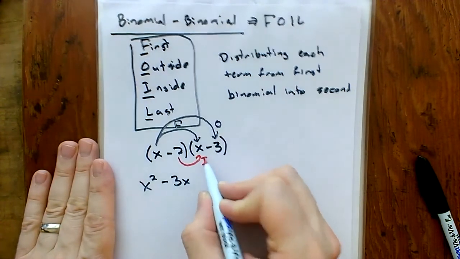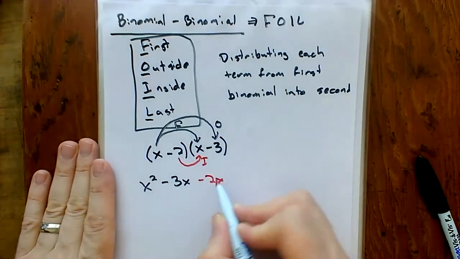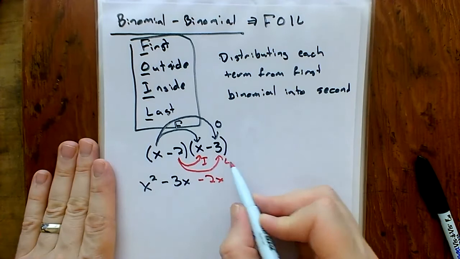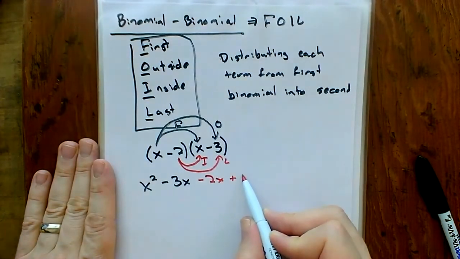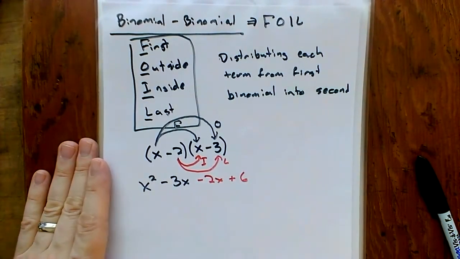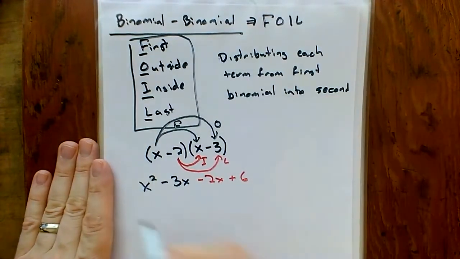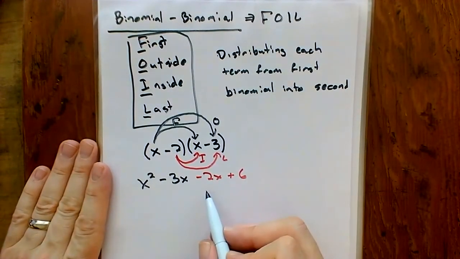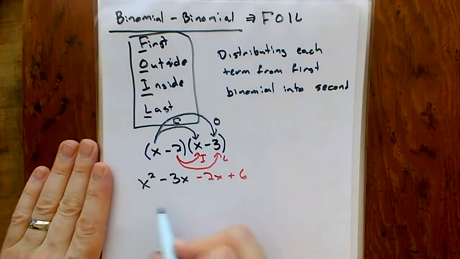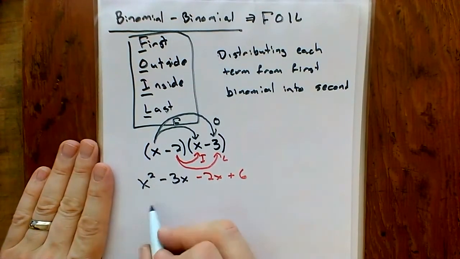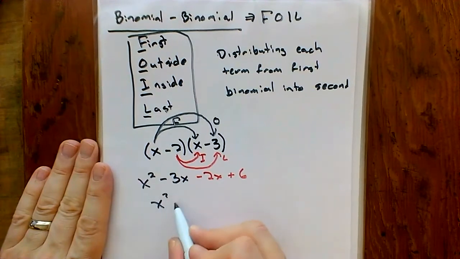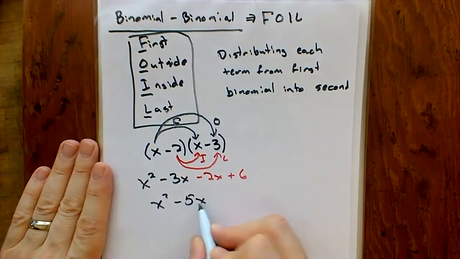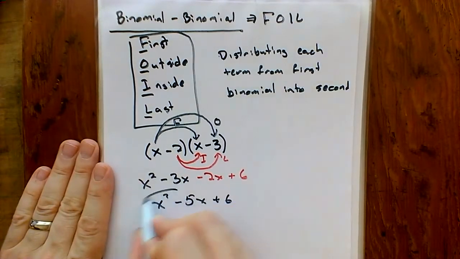This is my inside term, so minus 2x. And then minus 2 times minus 3 is a positive 6. So we do need to watch our signs when we're doing this. So we've multiplied, but you notice that I have a couple terms that I can add together now. So I'm going to have x squared, minus 3x plus a negative 2x is negative 5x, and plus 6. And we're done.